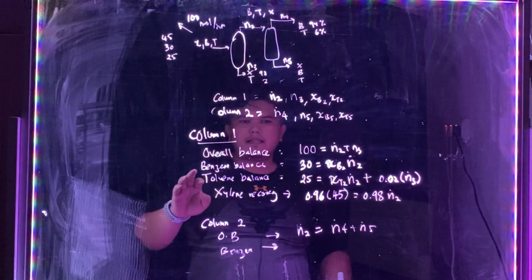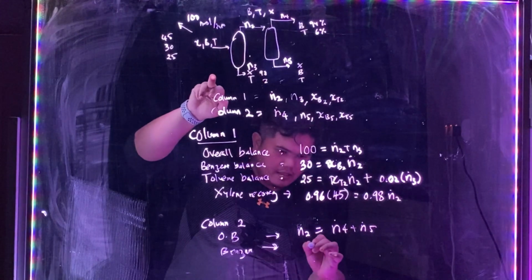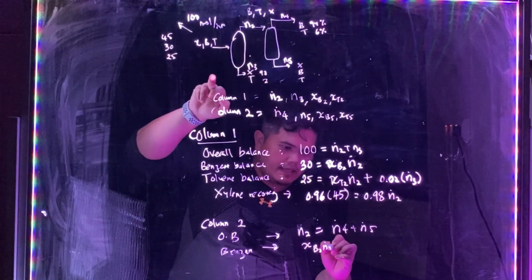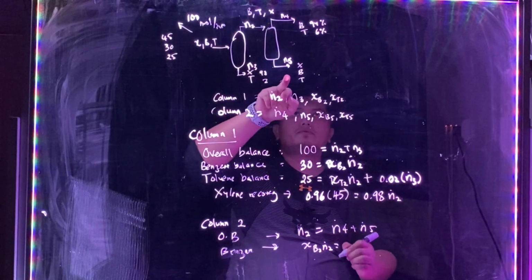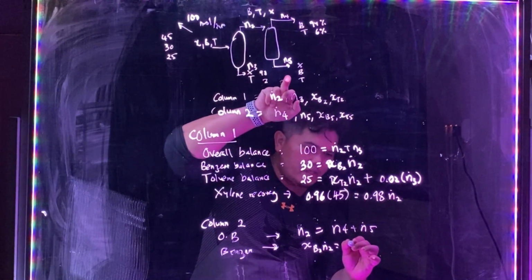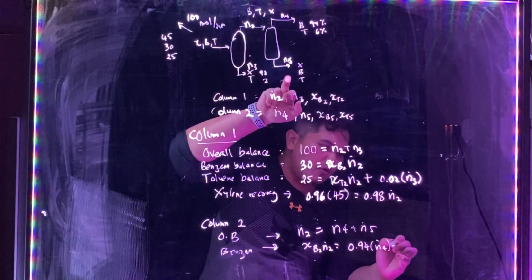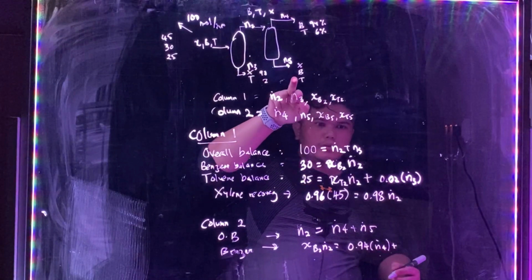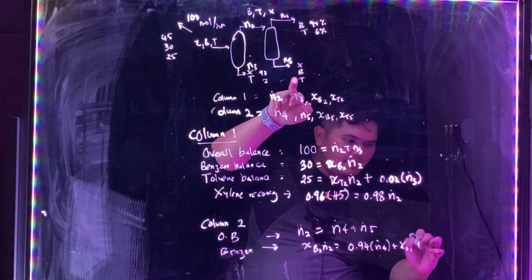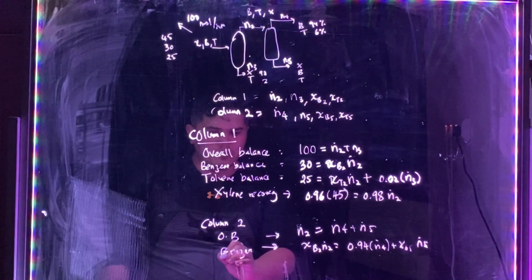So the benzene balance is XB2 N2 equals, we know that some of the benzene goes to the top, 0.94 N4, plus what is at the bottom, which is XB5 N5.